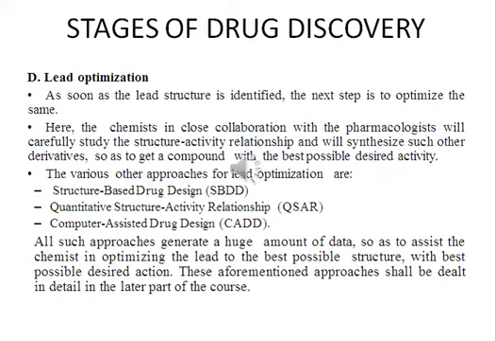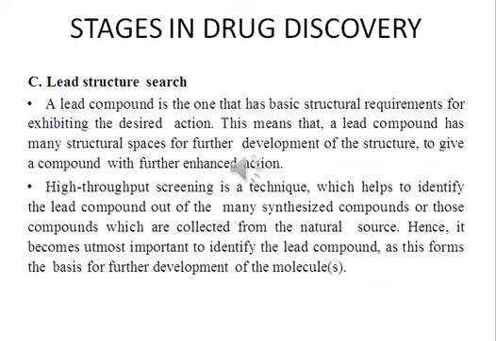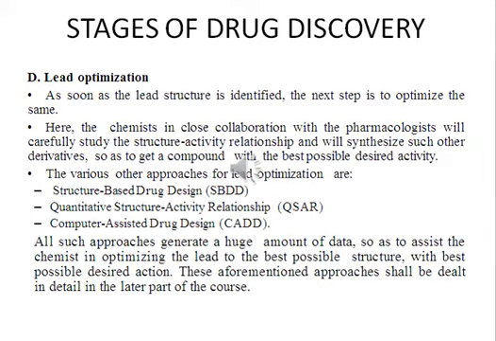Right, let's come back. The last step we saw in drug discovery was the search for the lead structure. We have already seen how we can discover a lead. Now we have a lead, and after we discover the lead, we have to optimize it, right? So how can we optimize that lead? Once the lead structure is identified, we have to optimize it.